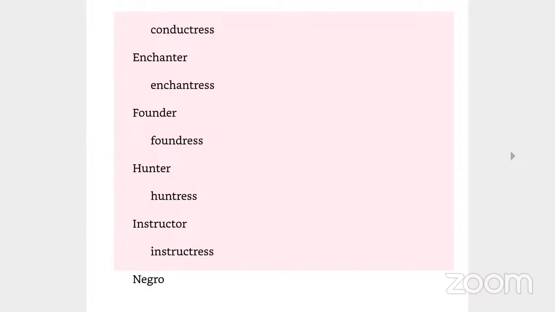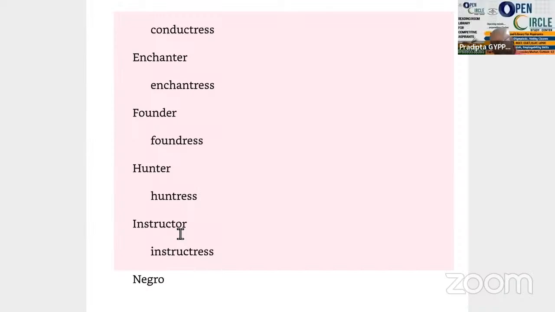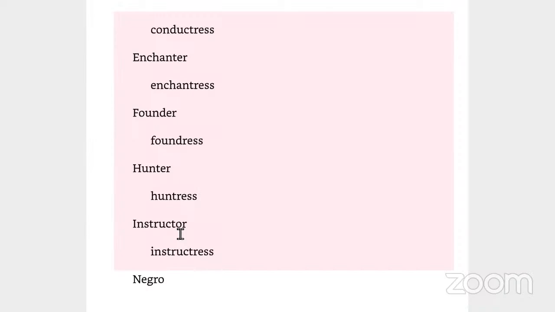Enchant comes out of the root word chant. Chant means to cast a magic spell. So now can you tell me what's the meaning of enchanter? Enchanter is a magician.